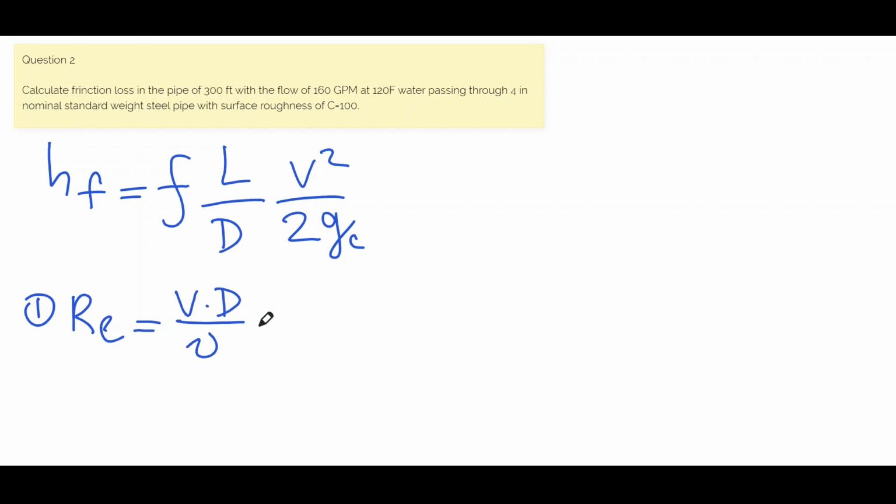You're going to find the table. And for 120 degree Fahrenheit water, the kinematic viscosity is 0.609 times 10 to the negative fifth feet squared per second.